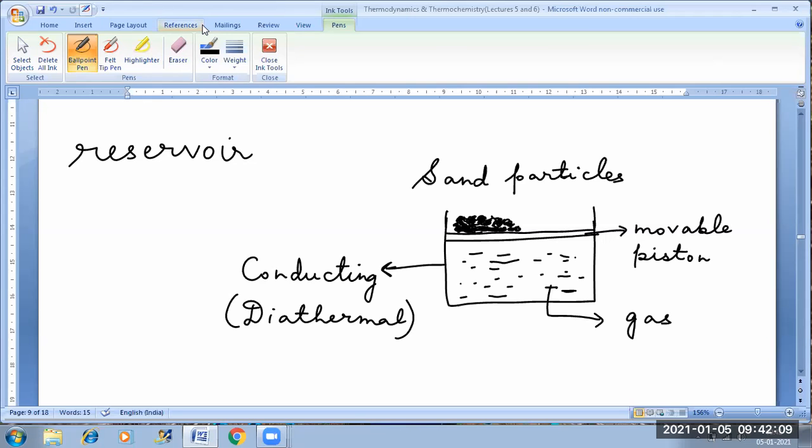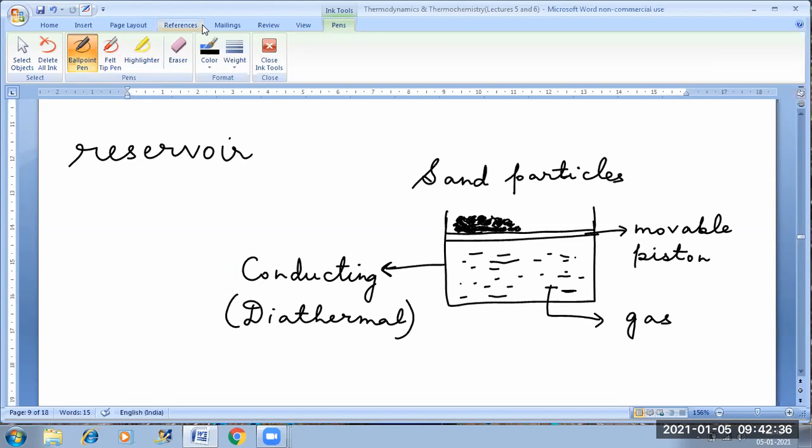So any change will not create any significant impact. If I'm taking some heat from the surroundings, nothing much is going to happen. Maybe the temperature will just change by 0.0000000001 degrees Celsius. That is a negligible change.